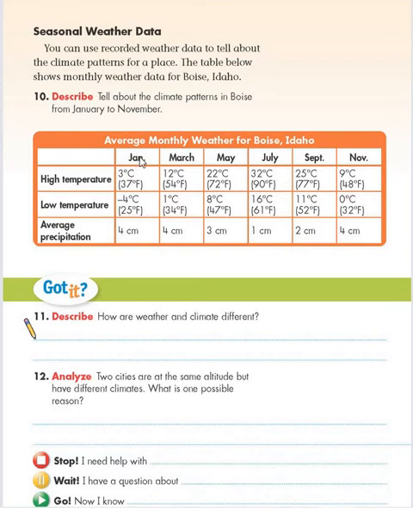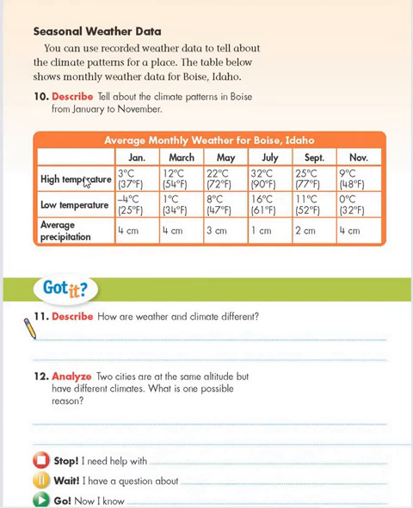As you can see here, this is the month of January, March, May, July, September, November. The high temperature in January is 3 Celsius degrees, and the lower temperature is -4, and the average precipitation is 4 centimeters.